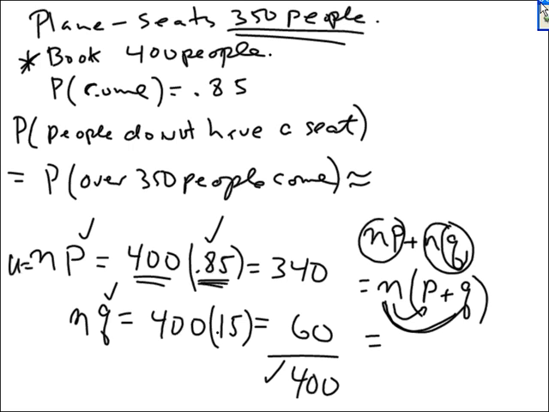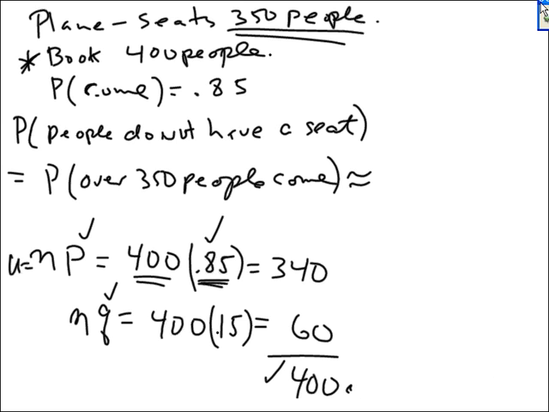But you know what? P plus Q is 1. Adds up to 100%. And N times 1 is N, and in our case, N was 400. Exactly what we were supposed to get. That's a little bit of a check, to make sure that you didn't make some silly calculation error.